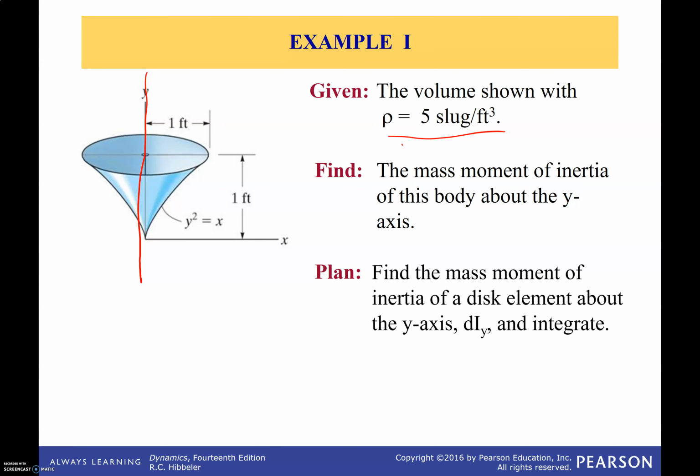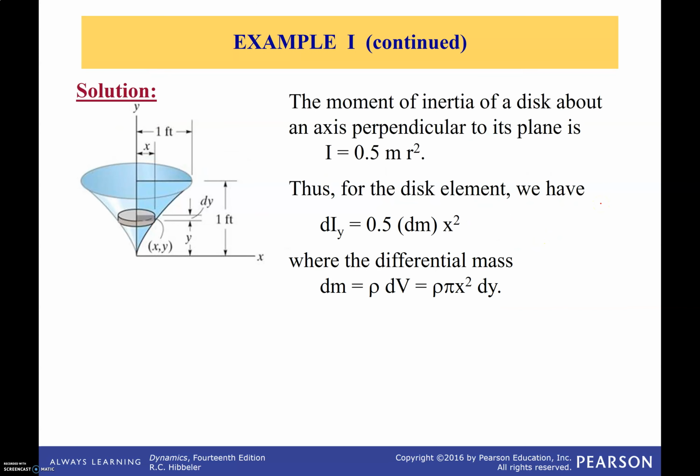Well, we need to find a very nice element. Here a disk would be the easiest. Remember, the moment of inertia of a disk is 1/2 m r squared.